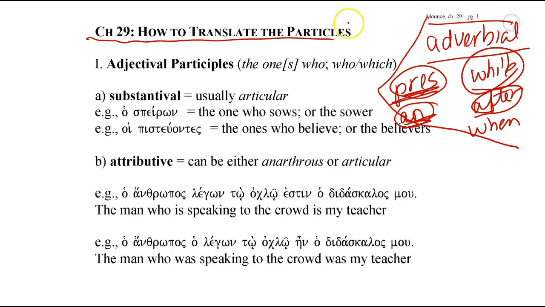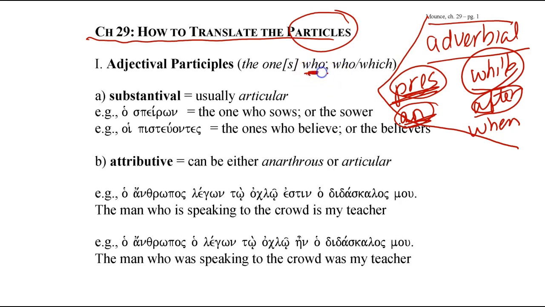But what if the participle is not modifying a verb, it's modifying a noun, and therefore it's not acting adverbially, it's acting like an adjective. The adjectival use of the participle is something that we would translate in a number of ways.